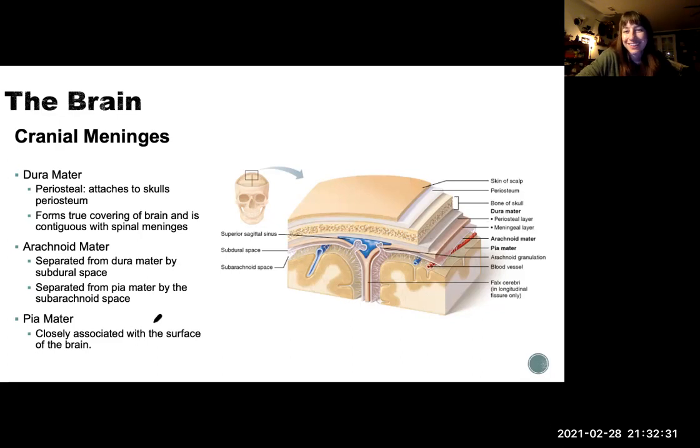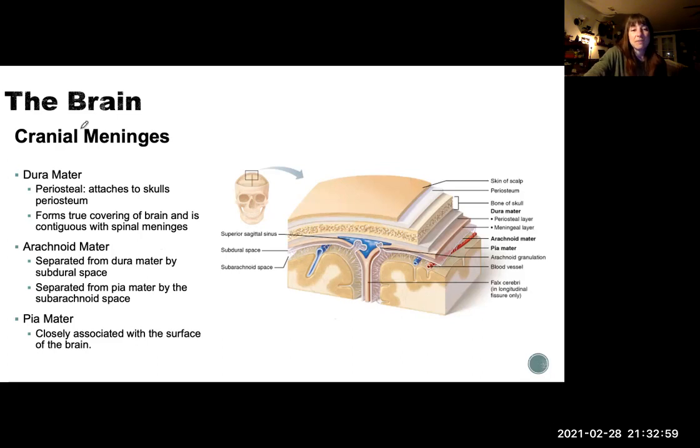And the deepest meninge is going to be the pia mater. Okay, so the pia mater is the layer that is closest to the brain, lying right up against the brain, right? Pia as in gentle mother. So this is a very soft, delicate membrane that protects the brain, right? Specifically, right up against the surface of the brain.